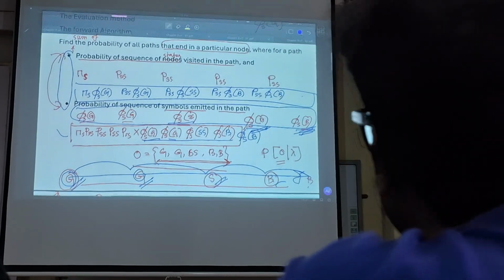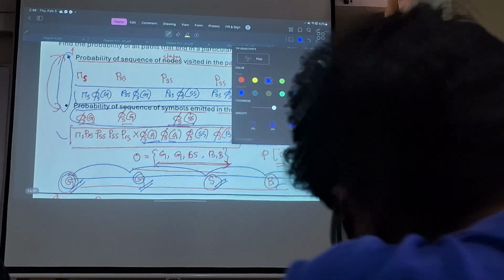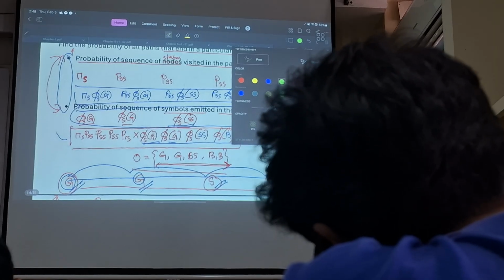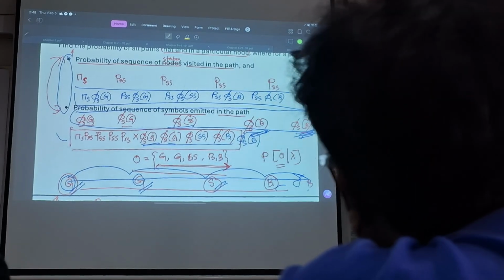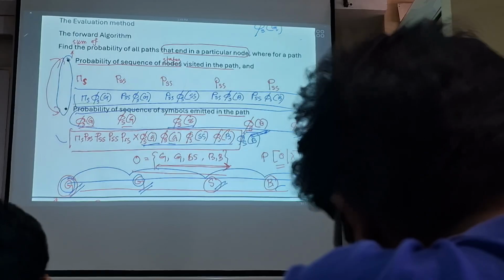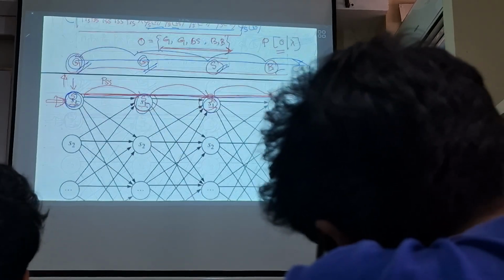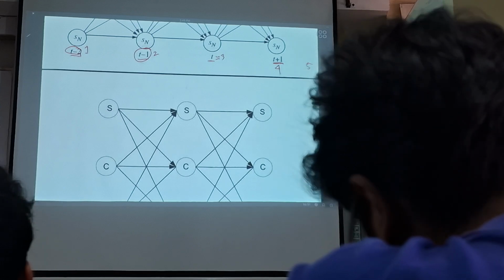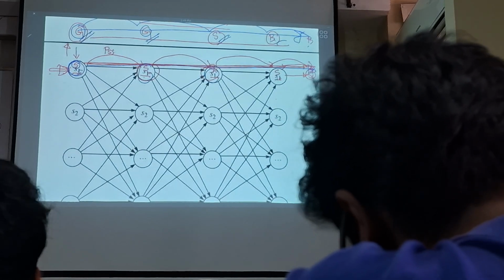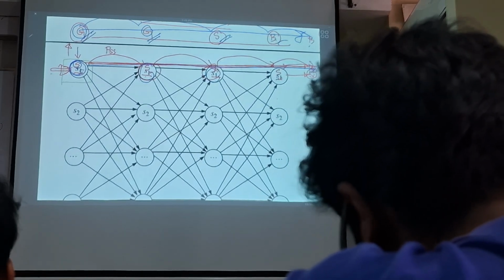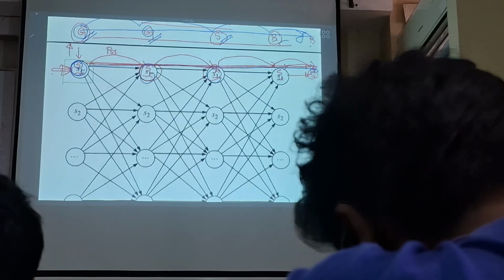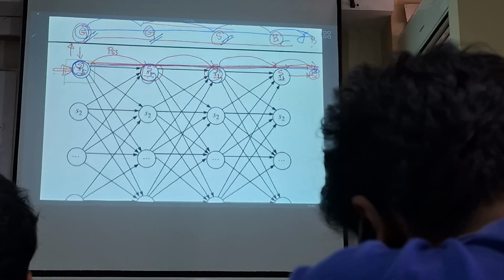Now if we focus here, what does it say? Coming back, it says that the chain starts in state 1, the sunny state, and emits a G symbol.